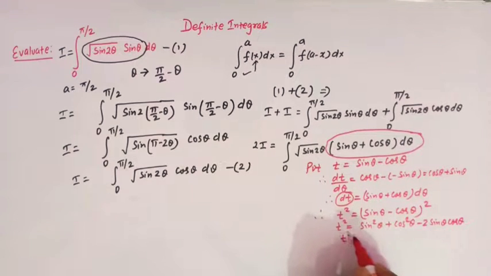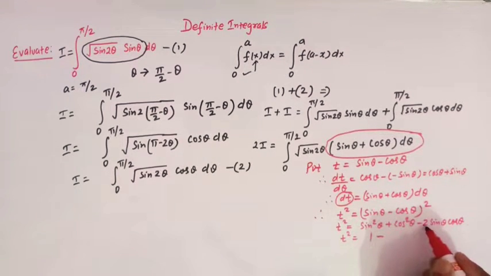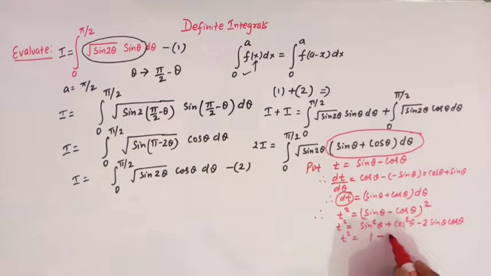And t square is now equal to sine square theta plus cos square theta, which is 1 from trigonometry, and 2 sine theta cos theta is equal to sine of 2 theta, right? Because sine 2 theta is equal to 2 sine theta cos theta, and now sine 2 theta can be written as 1 minus t square, right?